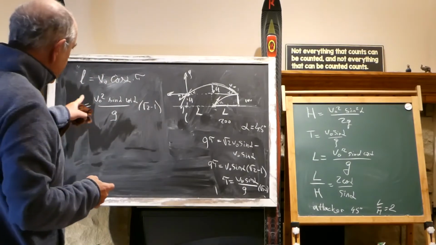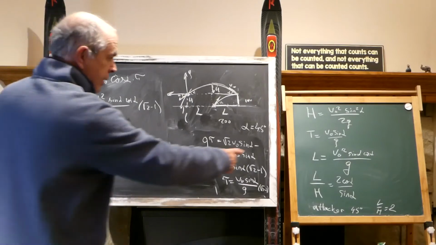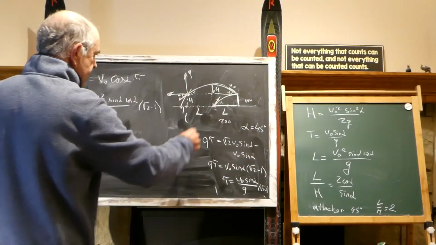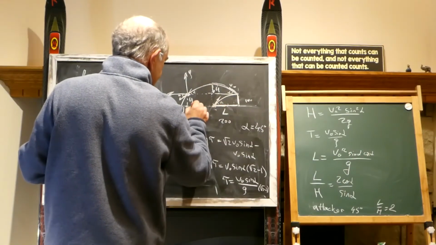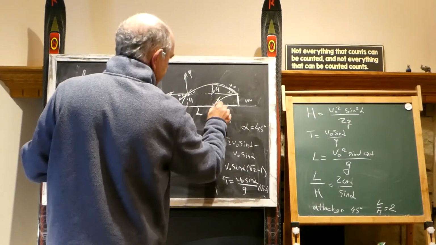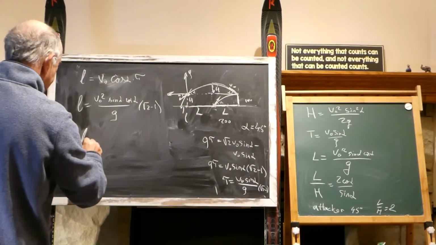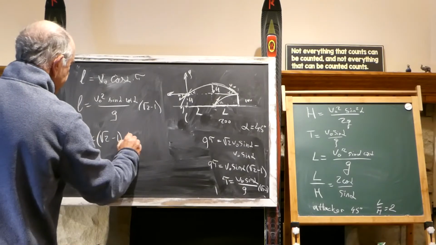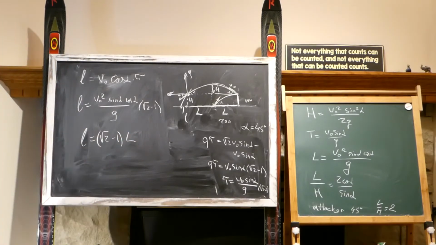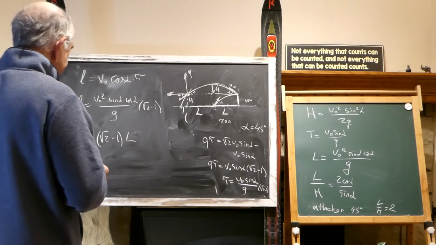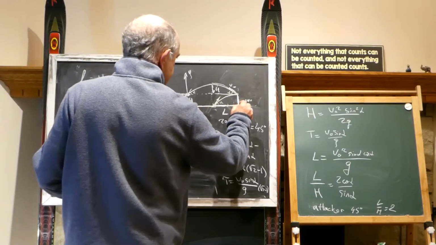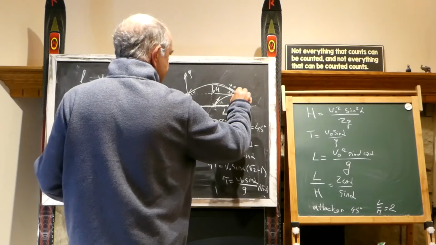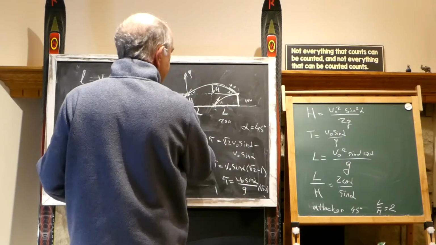But I look here, and I see that this is L. This is this distance L, and this is this distance L. So I can say that this distance equals the square root of 2 minus 1 multiplied by L. So that's a great result. That means that I am a defender standing here and shooting here.